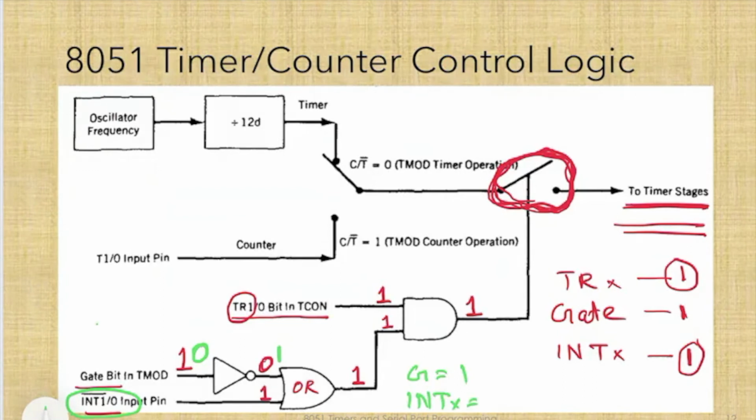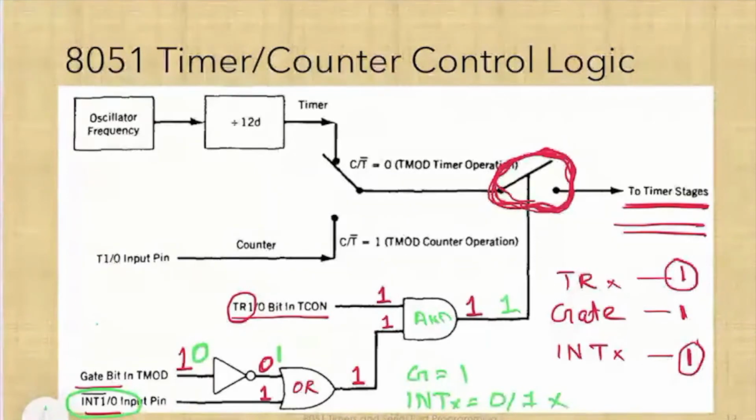It can be 1 or 0. Don't care. So irrespective of INT0 status, the output of this AND gate will be 1 provided the TR is 1.